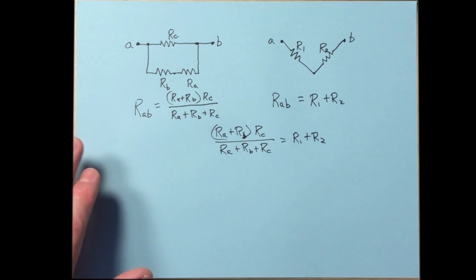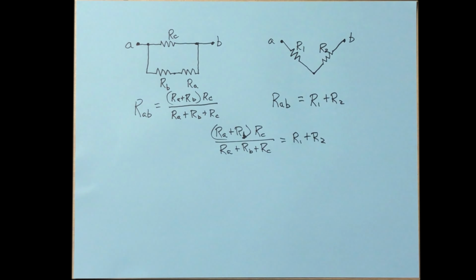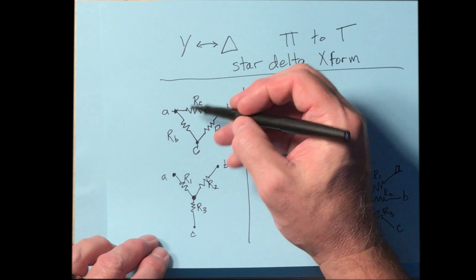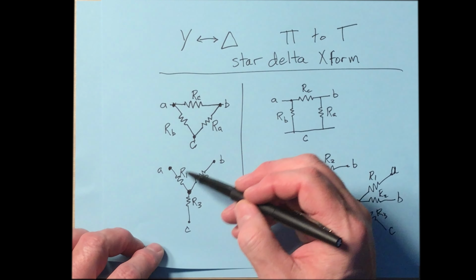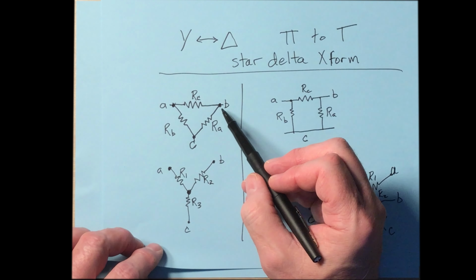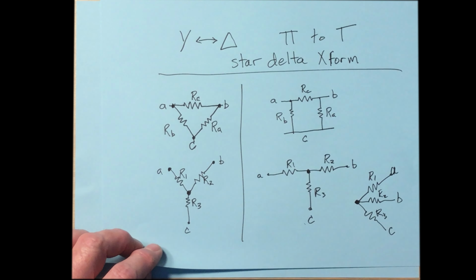Okay, now we did that just for terminals A and B. But in order for the entire circuit to be equivalent to this entire circuit down here, then it must be the case across all the terminals.